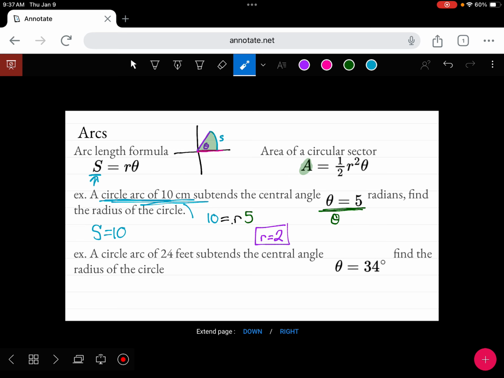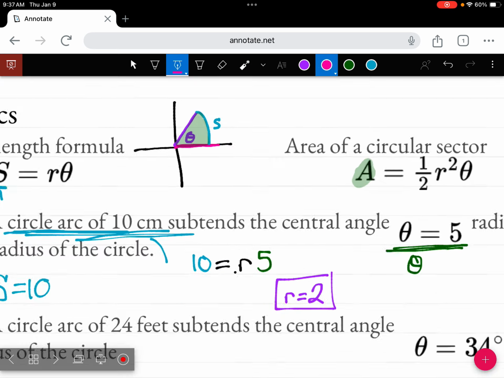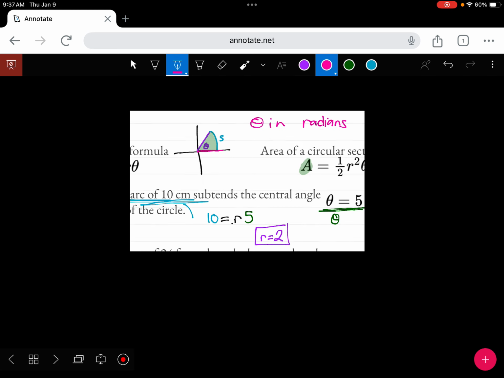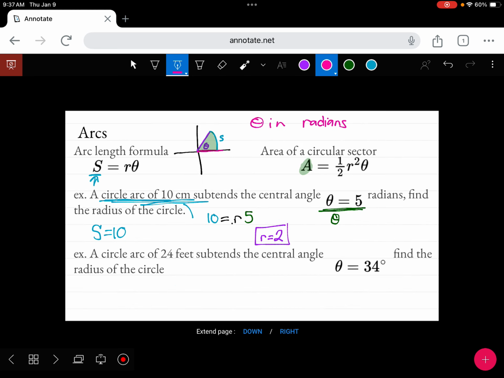Yes, I am sure about that. My master's courses require that. So our theta has to be in radians when we are using these formulas. I meant to say it at the top and I forgot. So R is our radius, theta has to be in radians, and we're going to go from there.